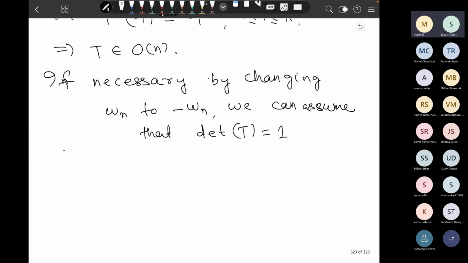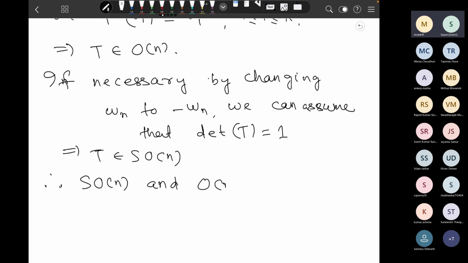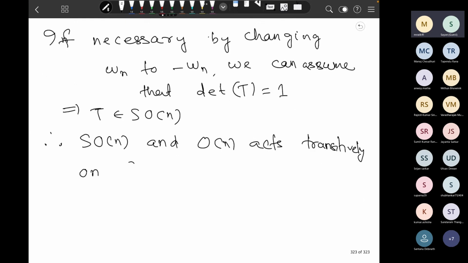That implies T belongs to SO(n). So this shows that SO(n) acts transitively on G(k, R^n). Since SO(n) is a subgroup of O(n), both SO(n) and O(n) act transitively on G(k, R^n).